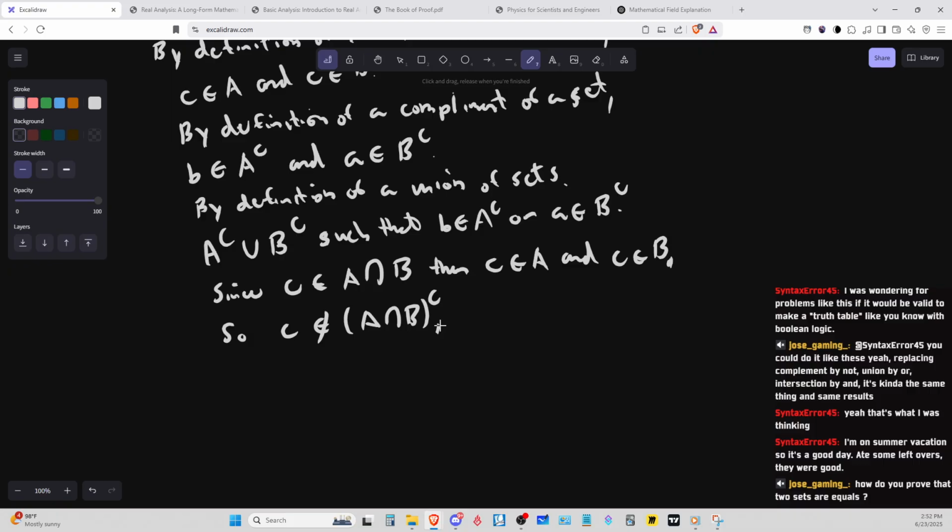How do you prove the two sets are equal? Oh, actually, maybe I should put this in parentheses. That makes it more coherent, because then it would look like just C is an element of A. I gotta remember that.